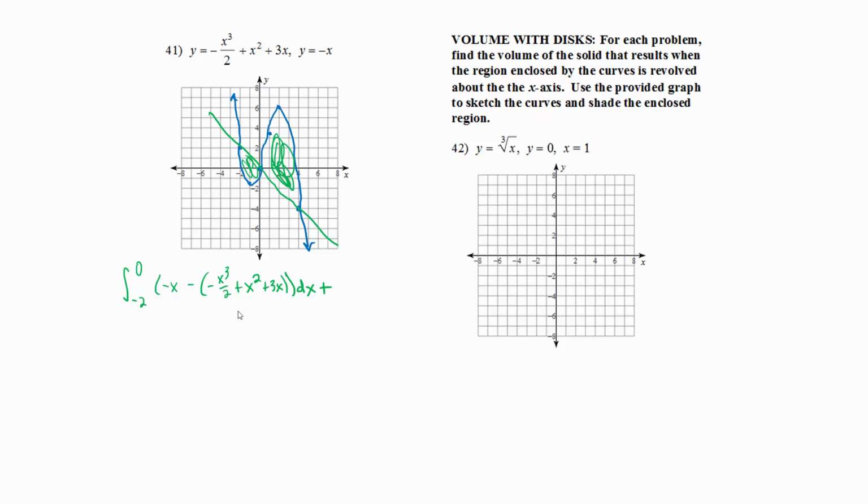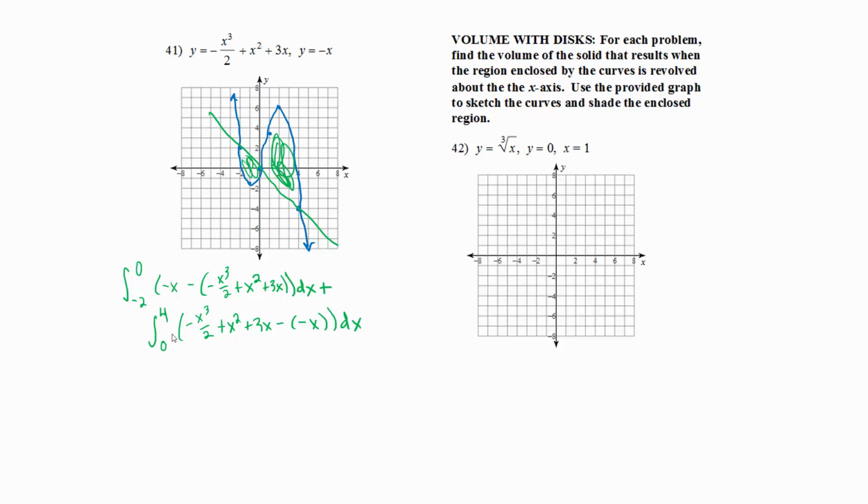We're going to add to that because these are two separate areas, and so to find the total area, you would add. The integral, it starts at 0 and ends at an x value of 4. And it's flip-flopped. Now the cubic function's on top and the line is on bottom. So we're going to start with -x cubed over 2 plus x squared plus 3x. We're going to subtract the line, which is -x.